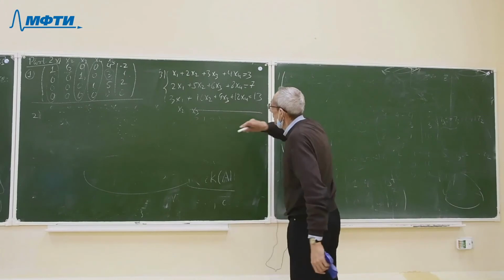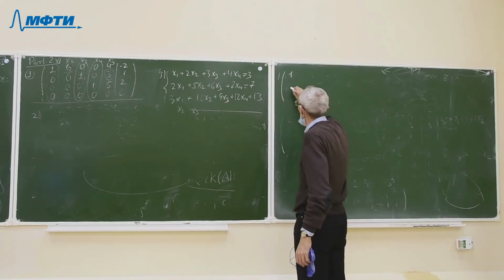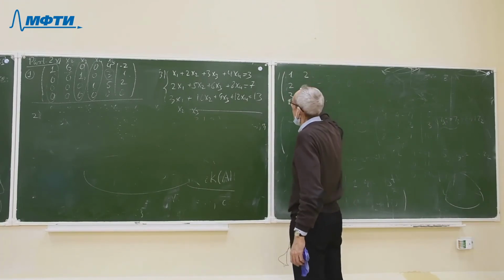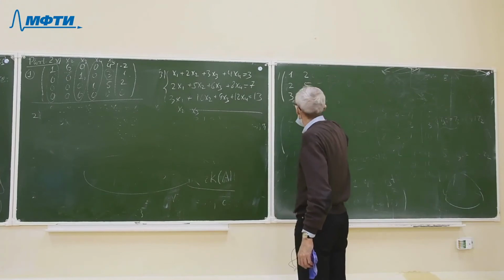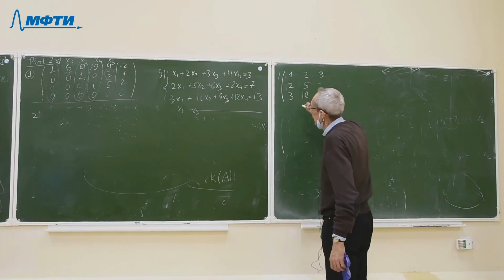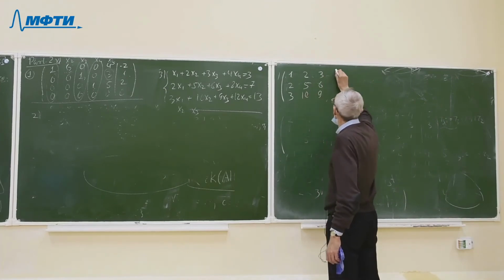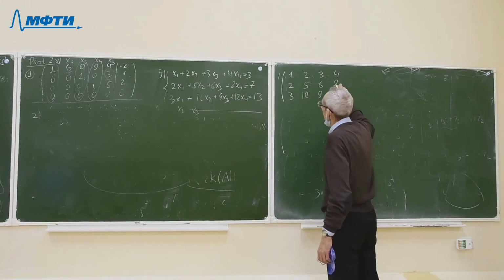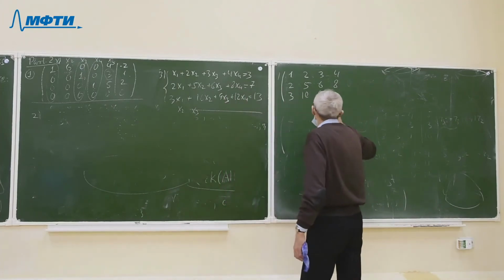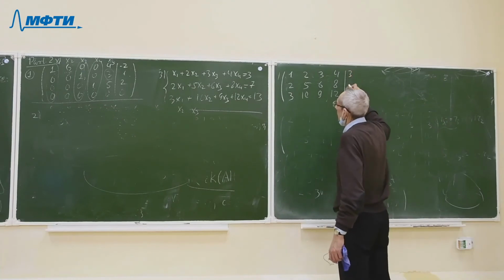The augmented matrix of this system is the following: the first column 1, 2, 3, the second 2, 5, 10, 3, 6, 9, 4, 8, 12, 3.